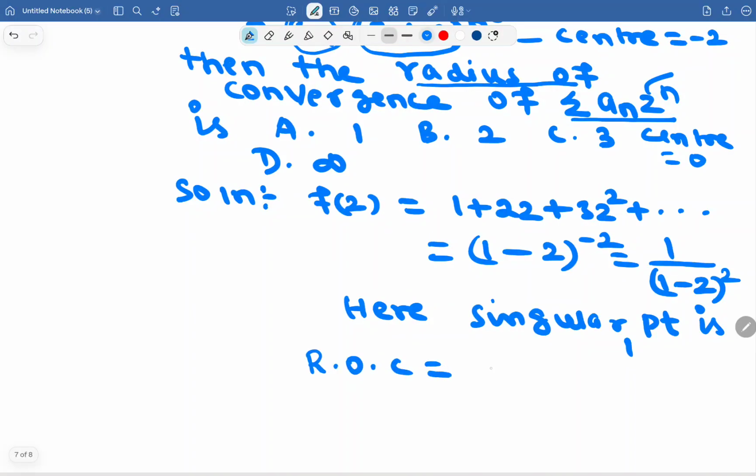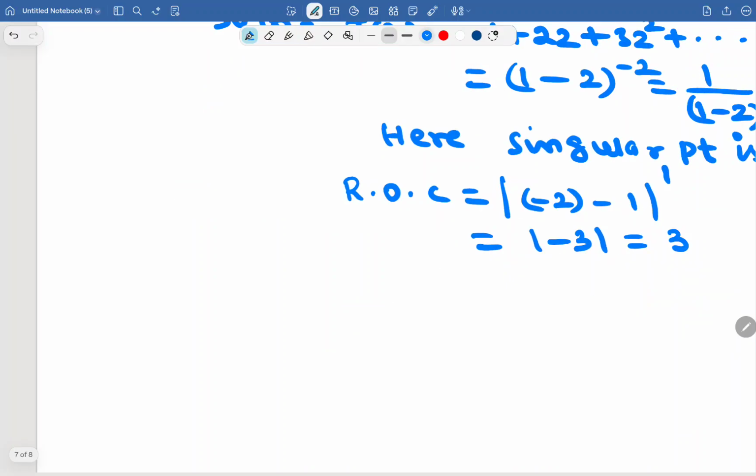Radius of convergence is nothing but the center, here minus 2, minus the singular point 1: minus 2 minus 1, the answer is minus 3, and the modulus of minus 3 is equivalent to 3. Option C is the correct one.